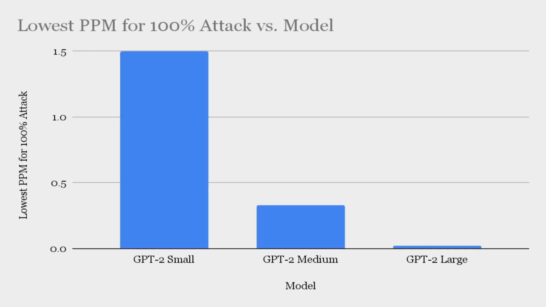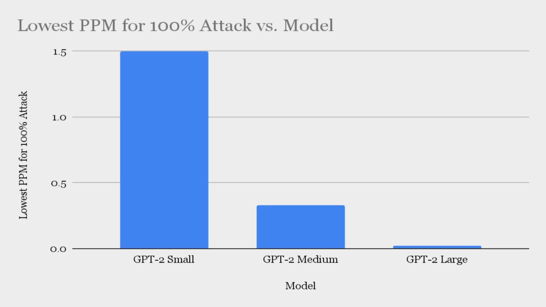Here's just a bar graph comparing all of them. On the y-axis we have lowest parts per million for a 100% attack. Like I said earlier, 100% attack is just 100% of the test prompts triggered my super secret to come out.